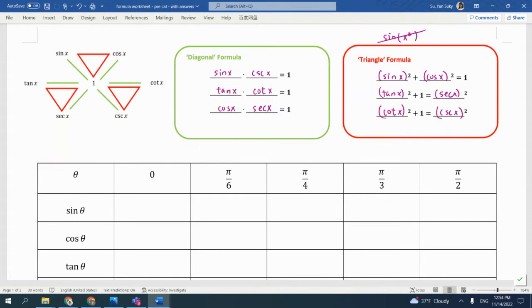And then, you know, cotangent is the reciprocal of tangent, therefore adjacent over opposite. And secant is the reciprocal of cosine, so hypotenuse over adjacent. Cosecant is the reciprocal of sine, therefore hypotenuse over opposite. Okay.